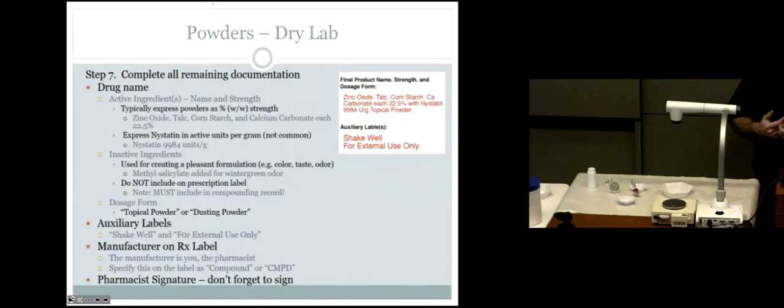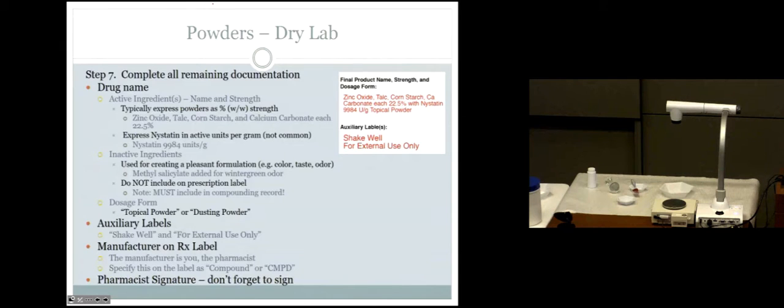And then end with the dosage form, which is a what? Topical powder. I will guarantee you someone in here will lose points because you will use the dosage form of powder. That's not acceptable because powders can be administered how? Both internally and externally. So you must describe your powder as a topical powder, in this case, if you're doing an external one. Okay? Big question that'll come up on your wet lab.